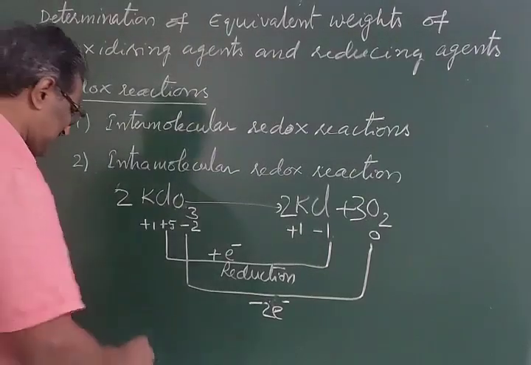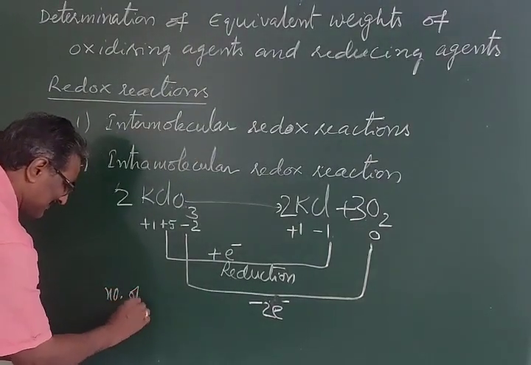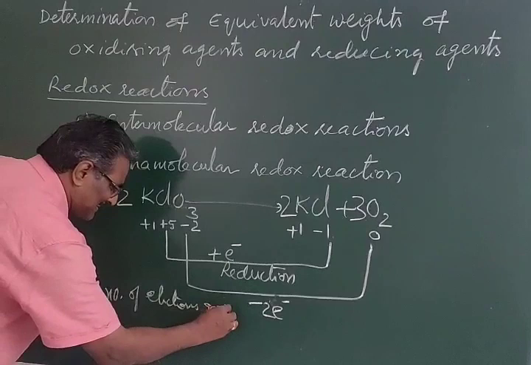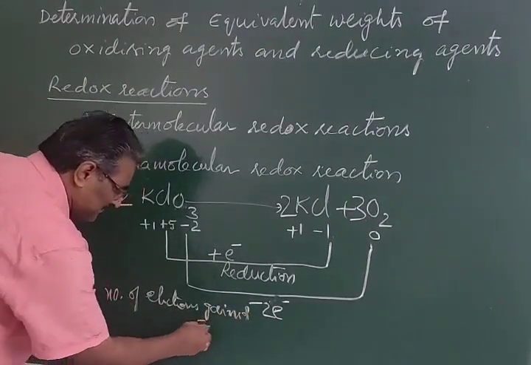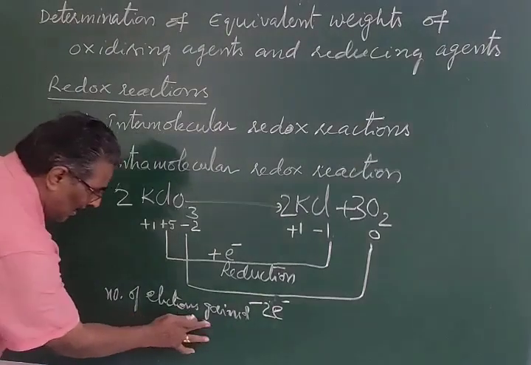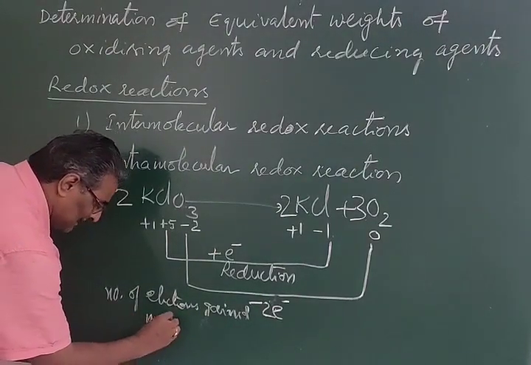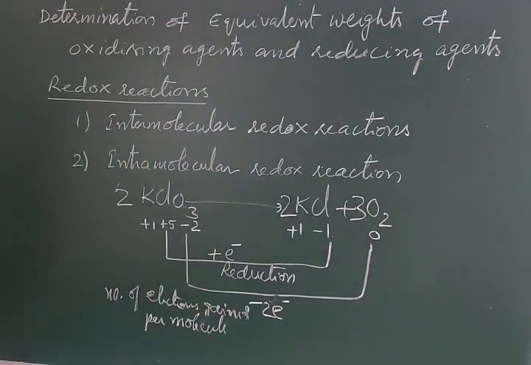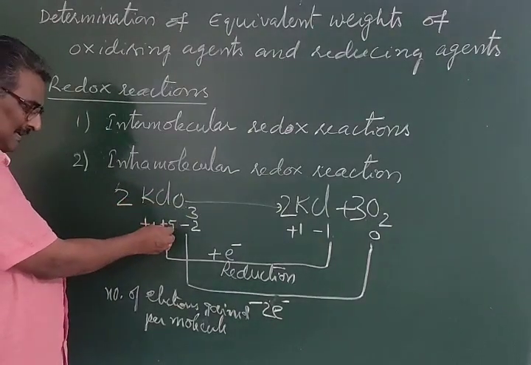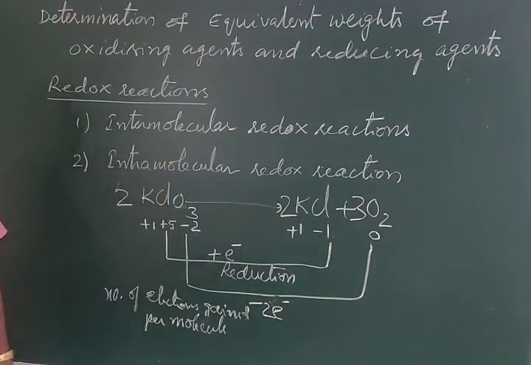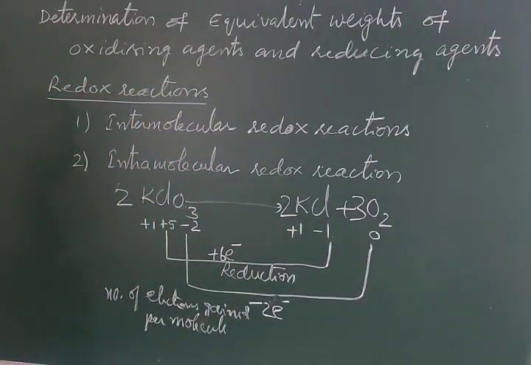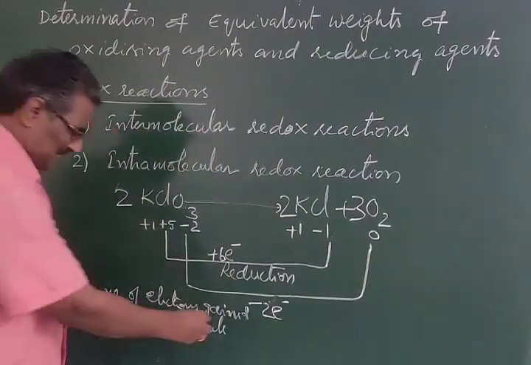So the number of electrons gained per molecule is equal to 6.